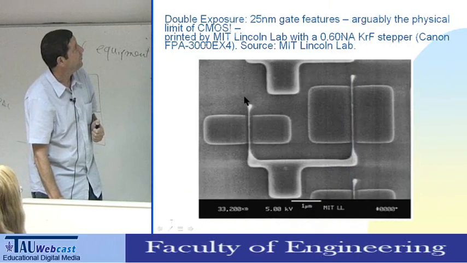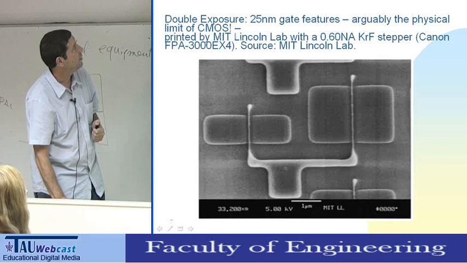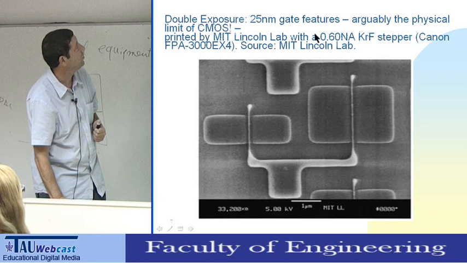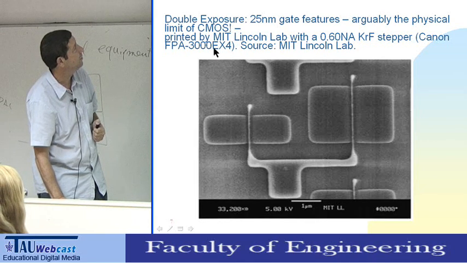Now, for example, this is a 25 nanometer gate feature using double exposure, arguably near the physical limits of CMOS. So basically people show using standard tools. This is source, drain. This is 25 nanometer lithography with a standard tool. This is printed in MIT Lincoln Lab.